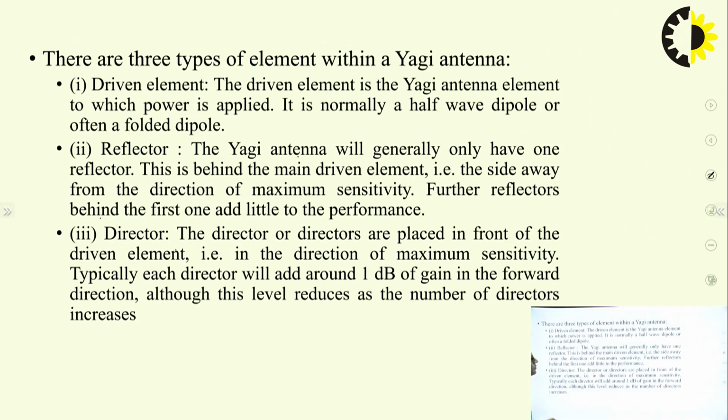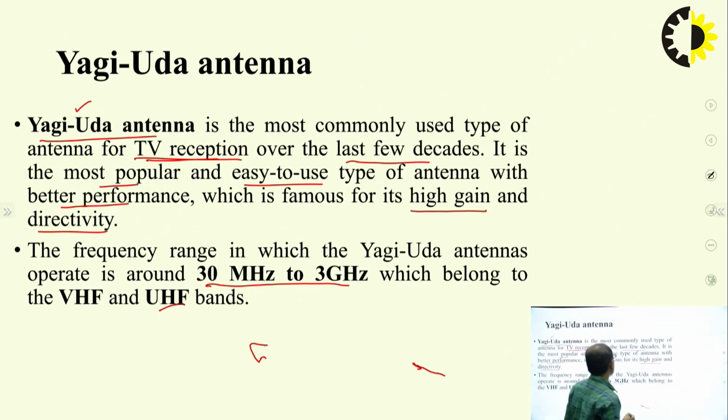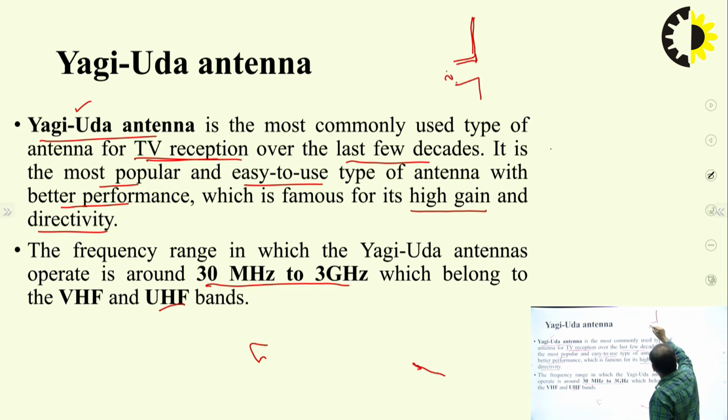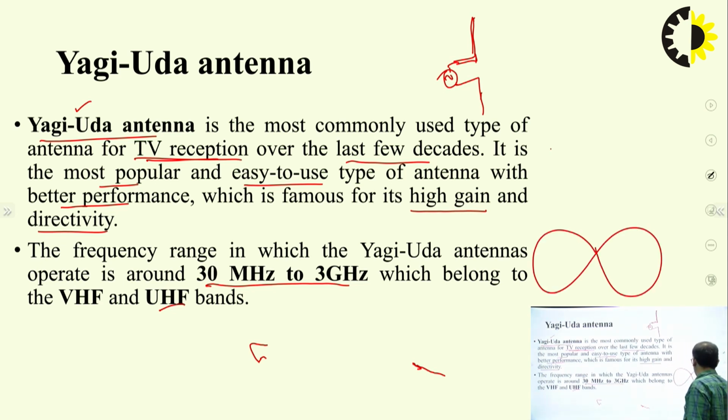Let's say in a simple way, this is a dipole antenna, and this dipole antenna radiates its energy in this direction. The radiation pattern of this dipole or active element is like this.